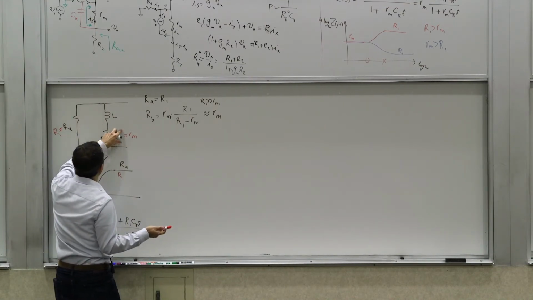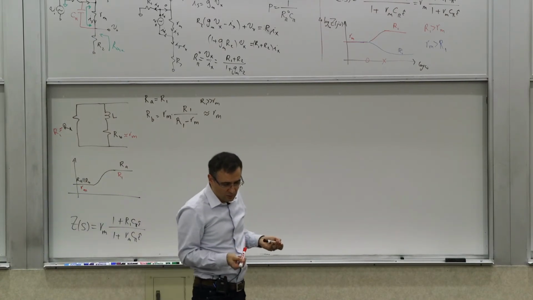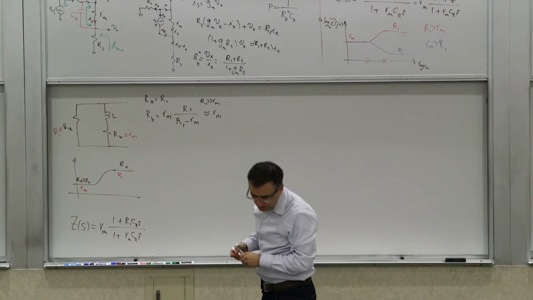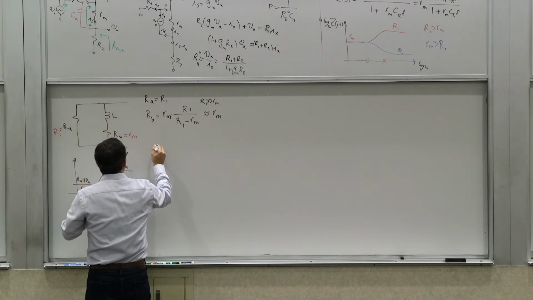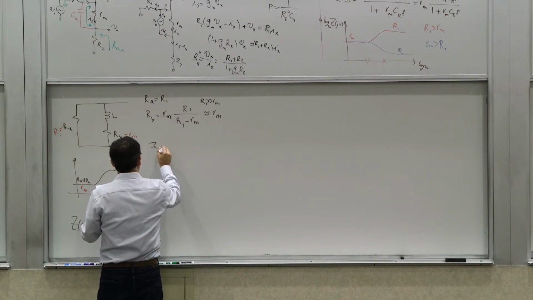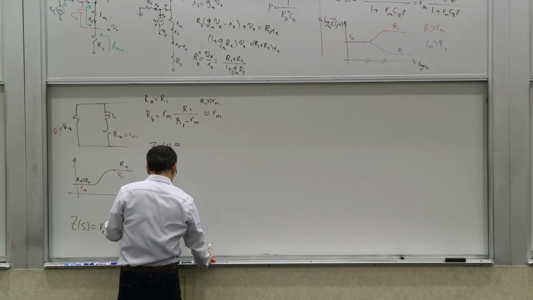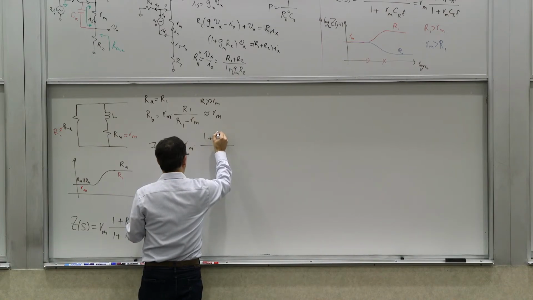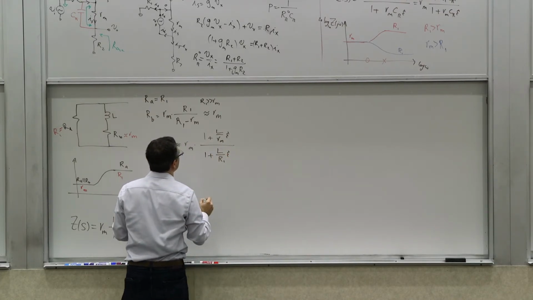But anyway, how do we do that? Well, we write the transfer function of this thing. Approximately, it is the Z equivalent. Let me just write it from here. You can easily write the transfer function of this thing, let's call it Z equivalent of S. It's going to be approximately Rm times (1 plus L over Rm S) divided by (1 plus L over R1 S).